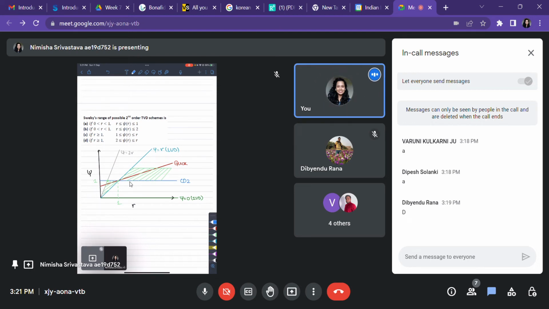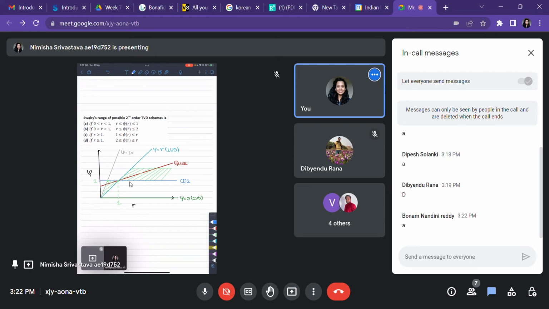So based on this diagram and whatever you have read already, what is the range in which second order TVD schemes are possible? Just have a look at the diagram and tell me which of the options are right. A is one correct option.